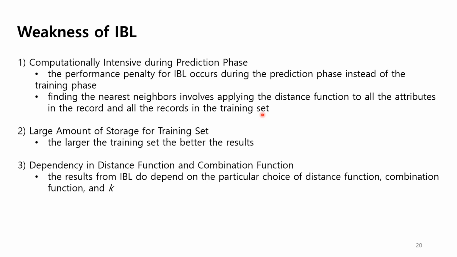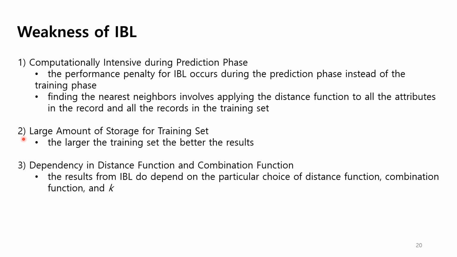So when you have new data in the prediction phase, you go to the training data set, and for every attribute of every record there, you apply the distance function. That's why this is very computationally intensive. Its computational complexity is very high. That's the first weakness of IBL.